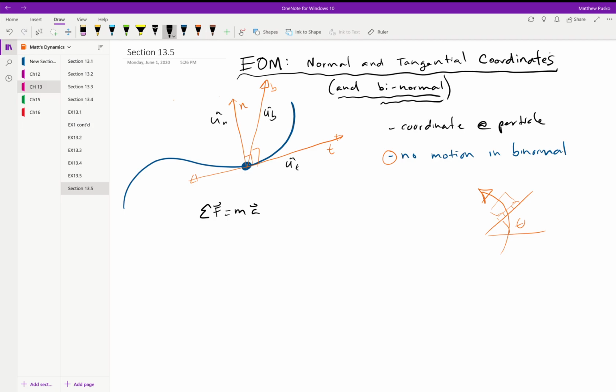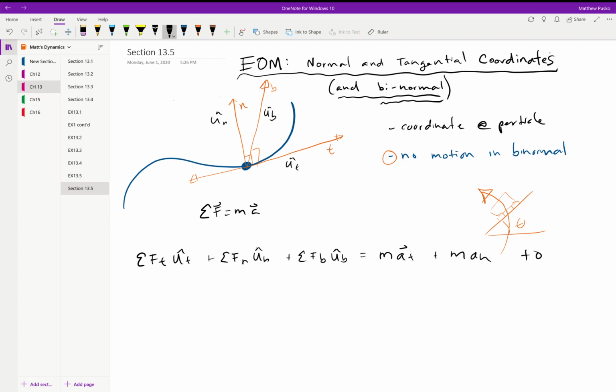So, doing so, I can get the summation of the forces in the tangent direction times the unit tangent plus the summation of the forces in the normal direction times the unit normal plus the summation of the forces in the binormal direction times the unit binormal, and that's going to equal the mass times the acceleration in the tangential plus mass times the acceleration in the normal plus 0.